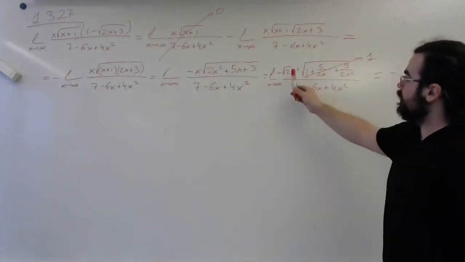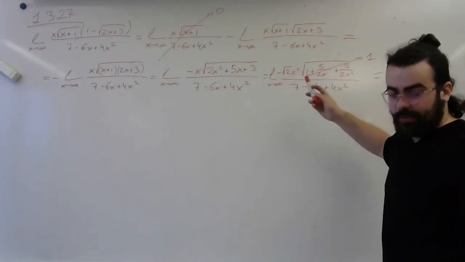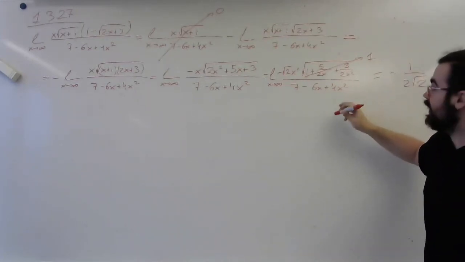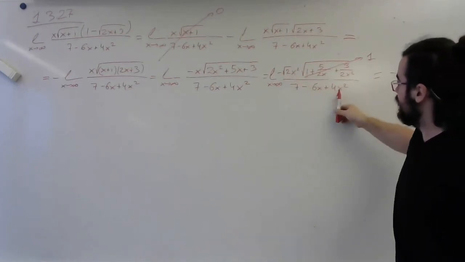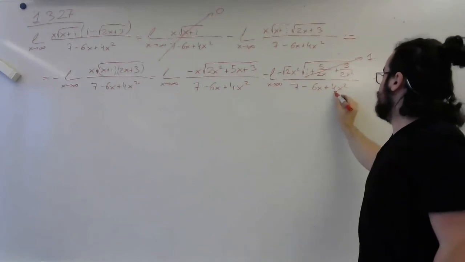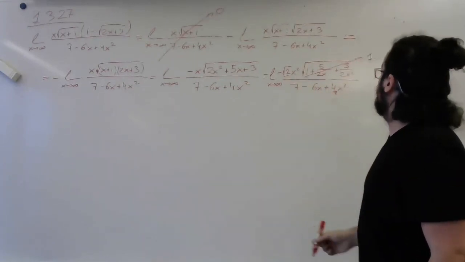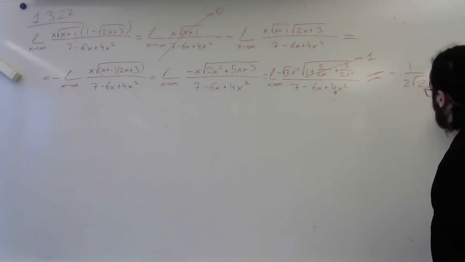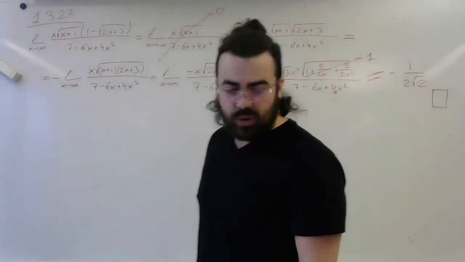And we have a monomial in x squared and a polynomial in x squared on the other side. So the limit is the quotient of the coefficients of the highest degree. And that is, ladies and gentlemen, minus 1 over 2 square root of 2.